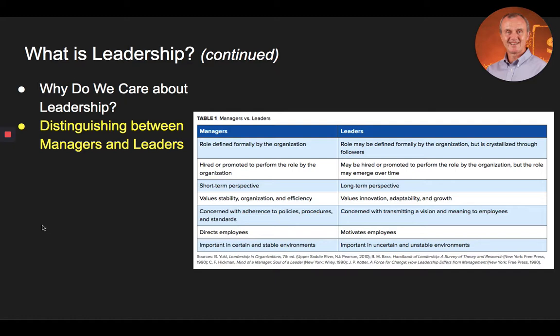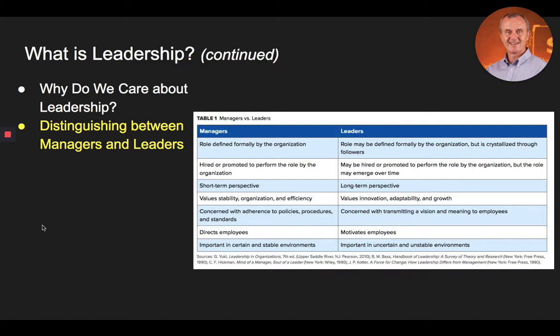Managers seem to have more of a short-term perspective, whereas leaders have more of a long-term perspective. Managers overall value stability, organization, and efficiency, whereas leaders more value innovation, adaptability, and growth.